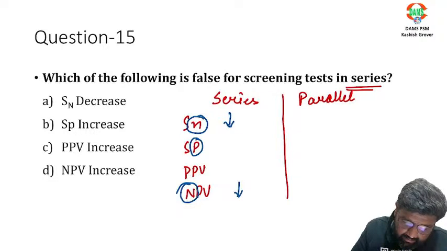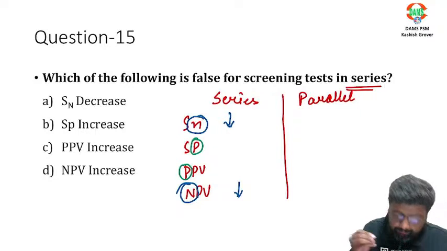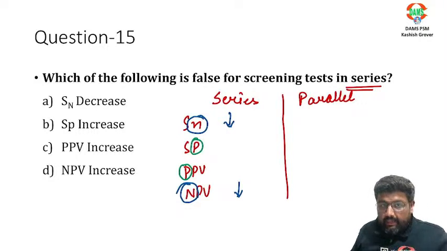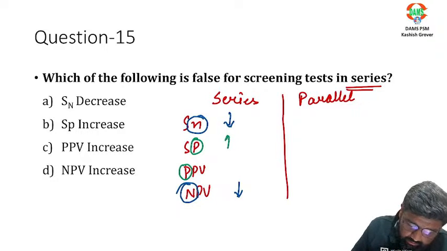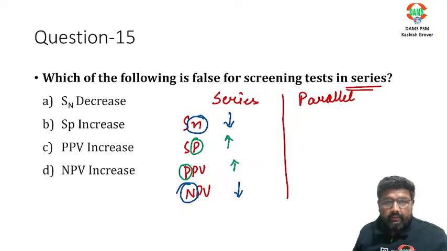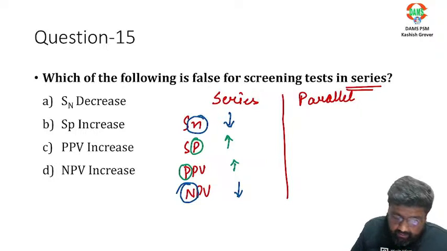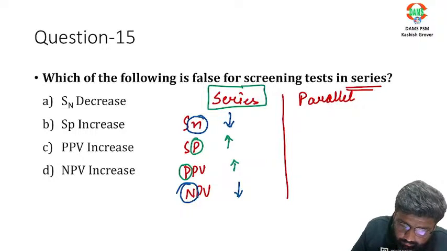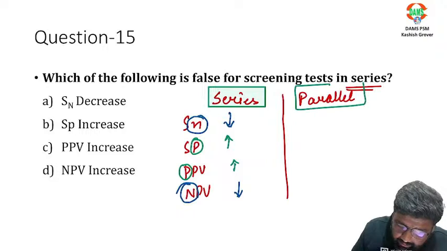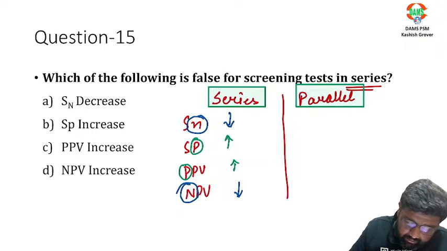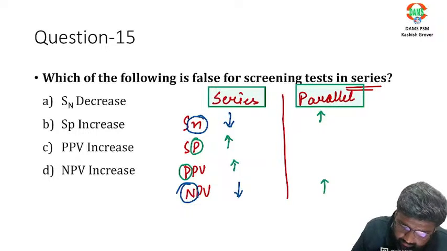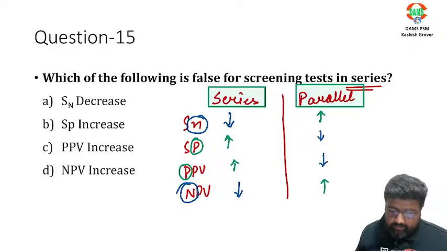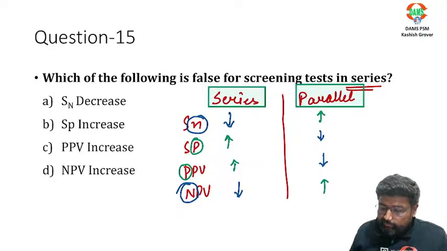P is in specificity and positive predictive value, so they will increase. Whatever is happening in series, the exact opposite will happen in parallel.